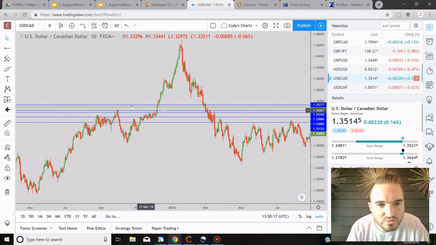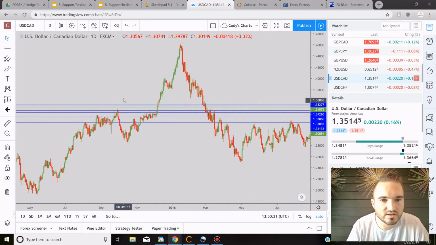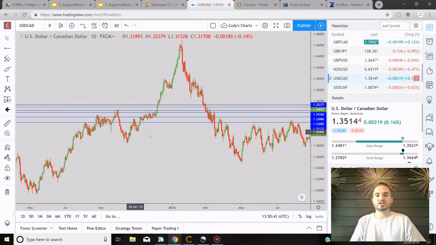The resistance line it's about to hit is this one right here. This is where it's trading, the 3.5, or disregard that. You can see all these lines will always tend to bounce off. Look at this one down here. It's a really strong line right there. It's really interesting to see.